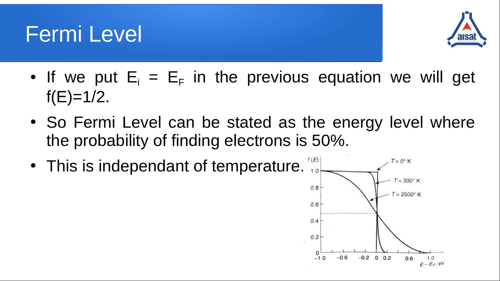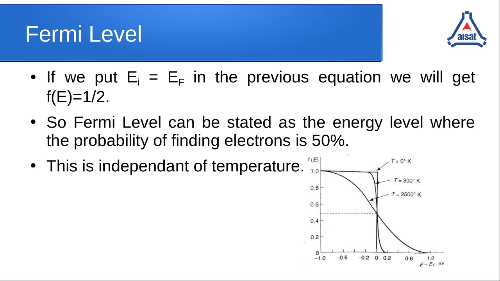So the probability becomes 1 by 2. Now we could use this for defining the Fermi level. With this knowledge, we could state Fermi level as the energy level where the probability of finding electrons is 50%. There is a 50% chance to find an electron in this level.